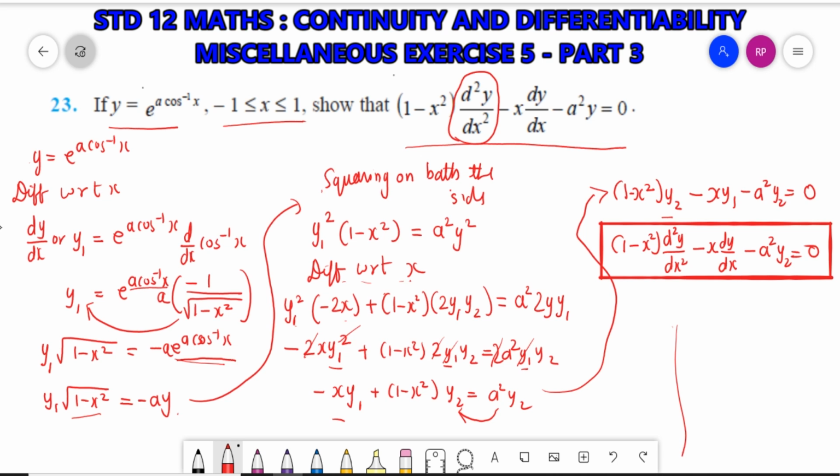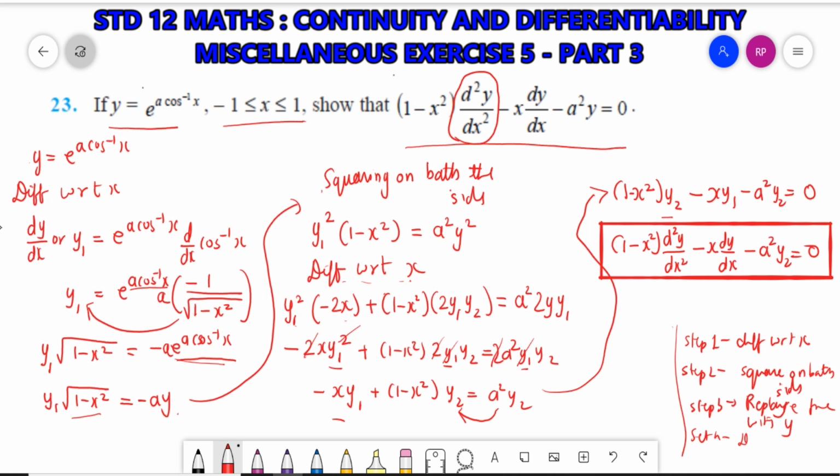You can write down the steps here. Step 1: differentiate with respect to x. Step 2: after differentiating, square on both sides. Step 3: replace the function with y.